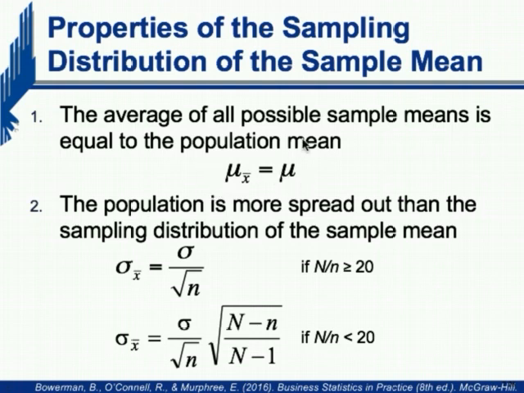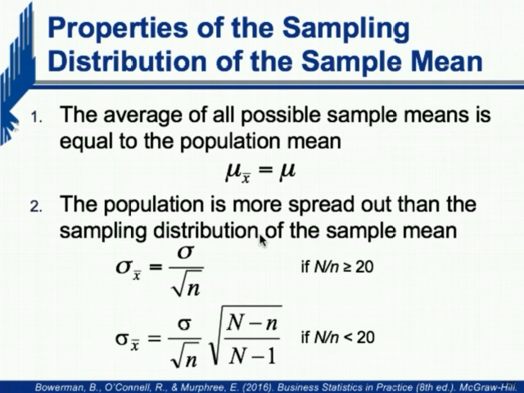Now this property allows us to say that the sample mean is an unbiased estimator of the population mean, because the expectation or the average of all values of x bar is equal to the parameter it's estimating, which again makes x bar an unbiased estimator of the population mean. Now, another property of the sampling distribution of the sample mean is that the population is more spread out than the sampling distribution of the sample mean.